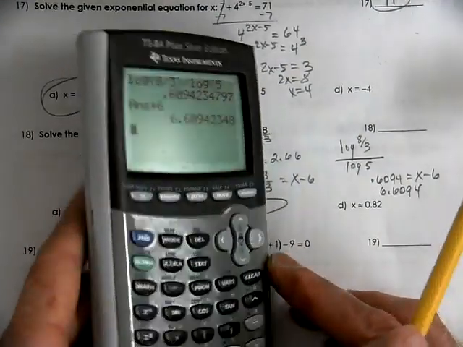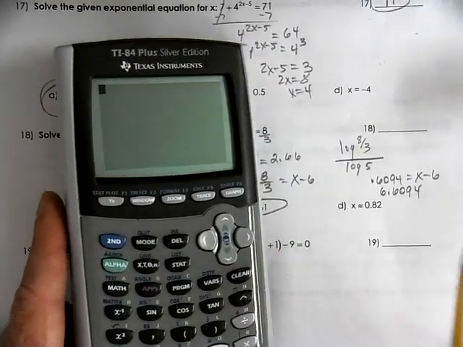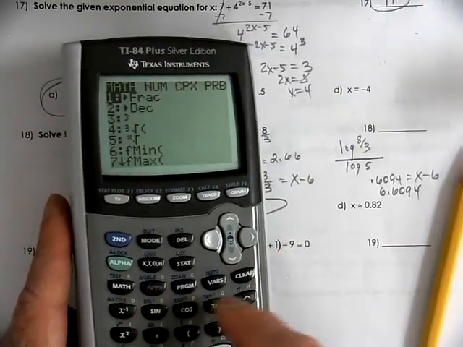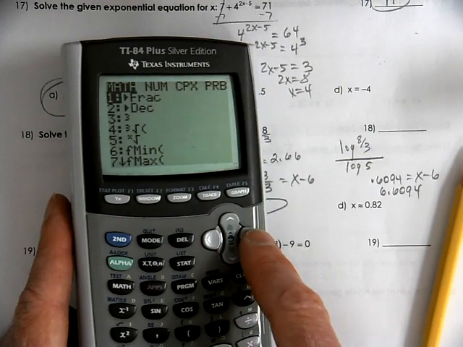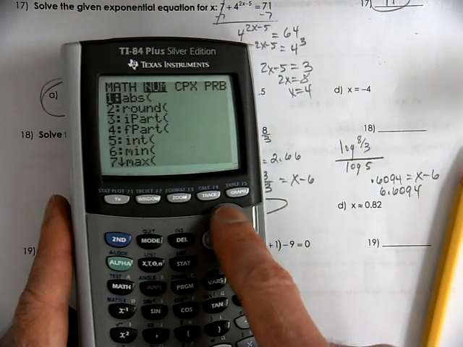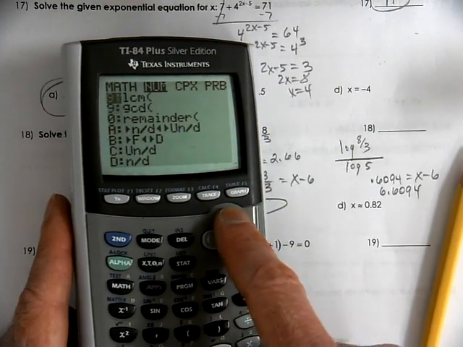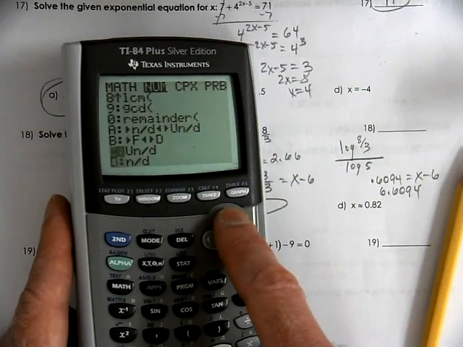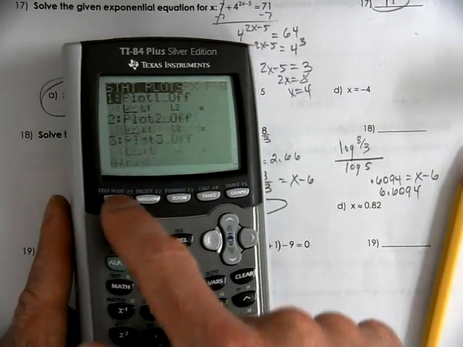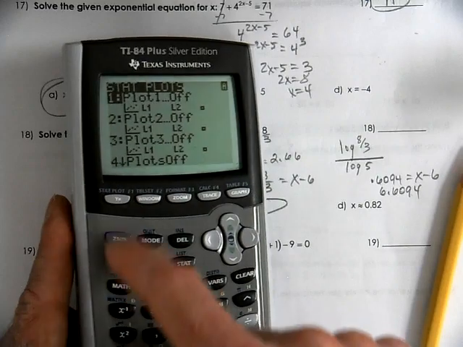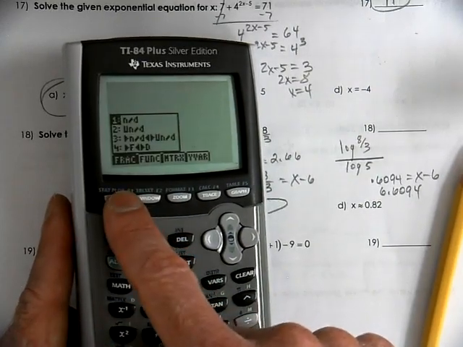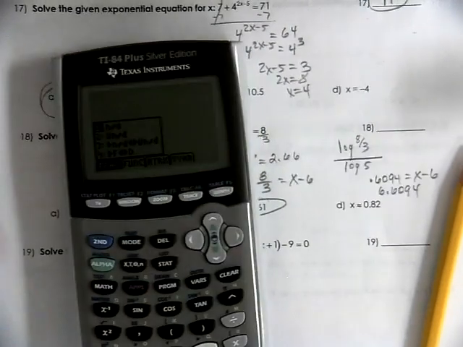Now, another thing you can do, just knowing your calculator, I think it's in math. Go over to number. No, go to second y equals, alpha y equals, hang on a second.